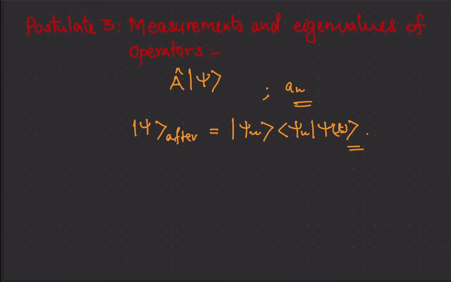Now, postulate number four, probabilistic outcome of measurements.